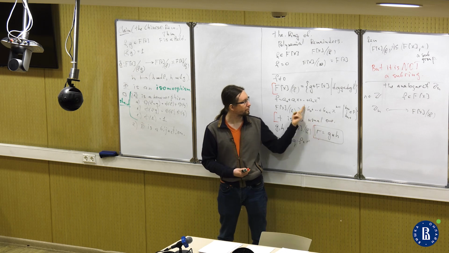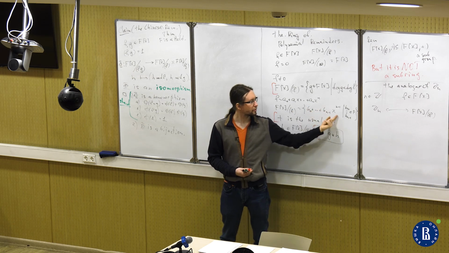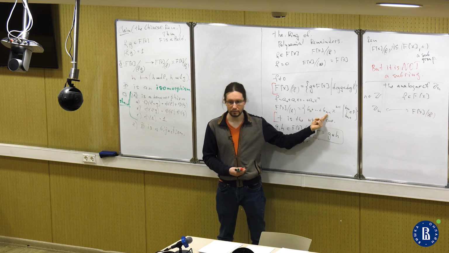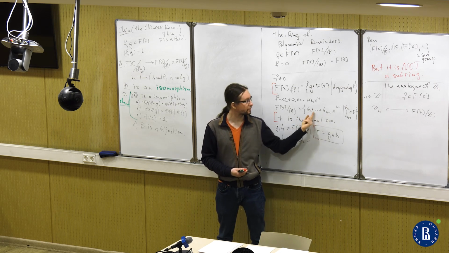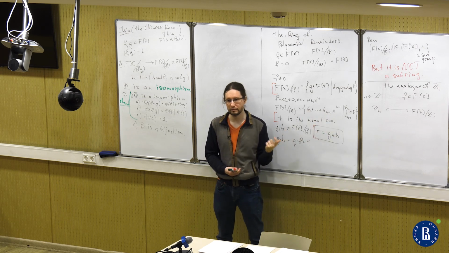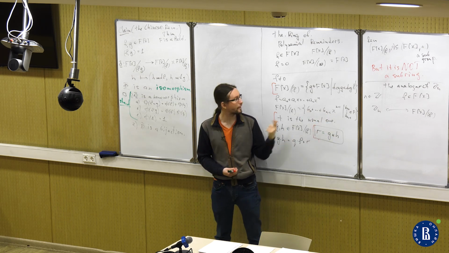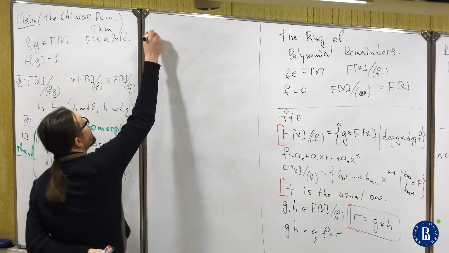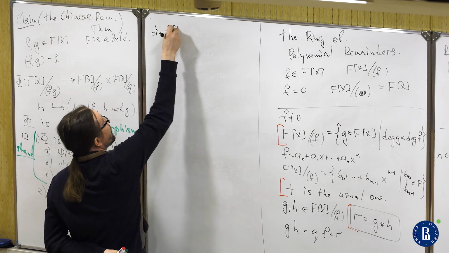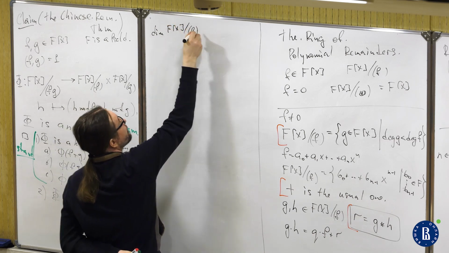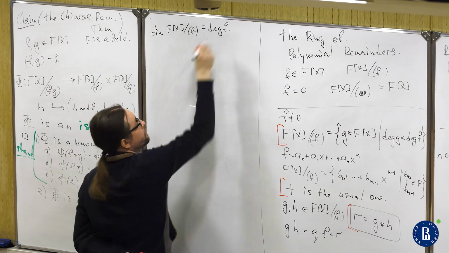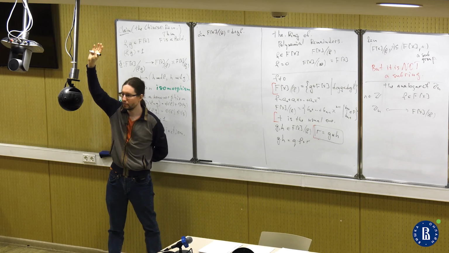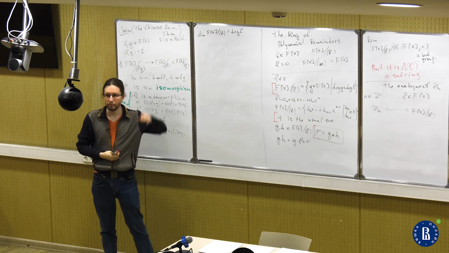And moreover, every polynomial is a linear combination of the powers of x, so these are the coordinates of each polynomial in this basis. And we have exactly n coordinates. So the dimension is n, which is the degree of the polynomial f. So the dimension of F[x] modulo f is the degree of f. Okay. Who was able to follow this? Okay, good. Are there any questions regarding this?